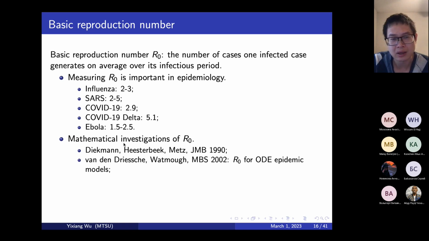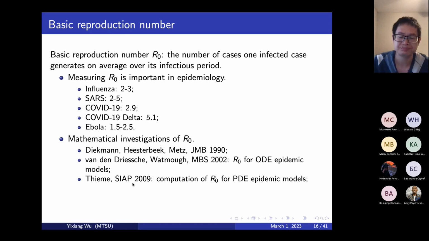The definition of R0 is standard for ordinary differential equation models. I'm listing here the very well-known papers on computing R0, and probably the paper by van den Driessche and Watmough is the most cited paper in the field of mathematical biology.